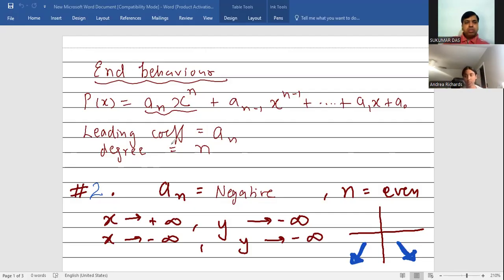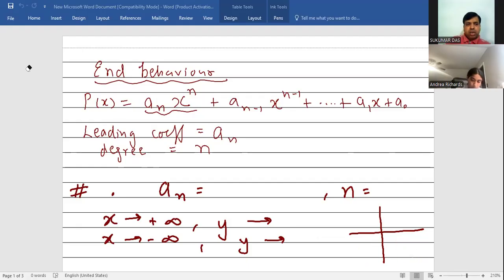Now we will look into scenario number 3. So now, if a_n is positive, that is, if the leading coefficient is positive, but the degree is odd, then in that situation, when x tends to plus infinity, y will go to plus infinity.